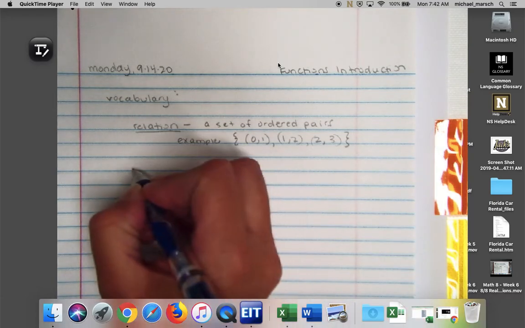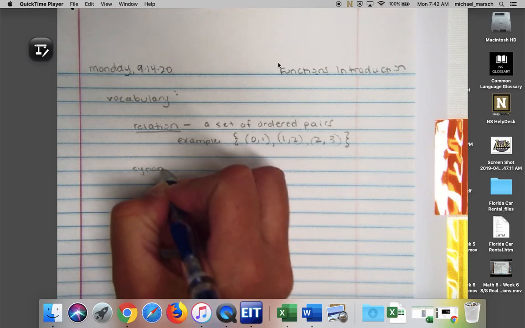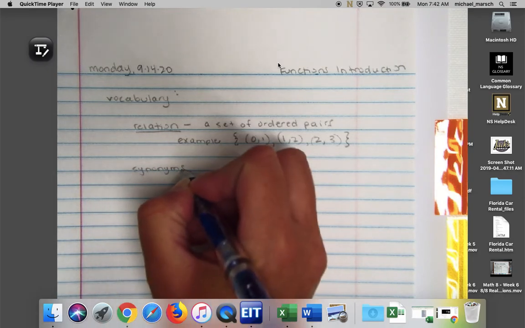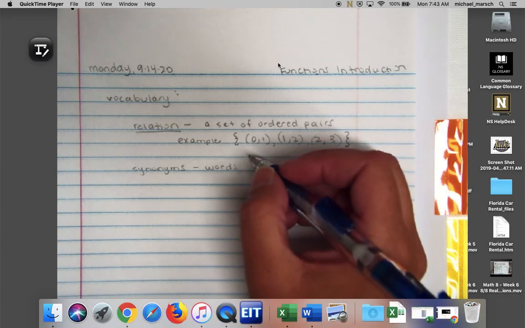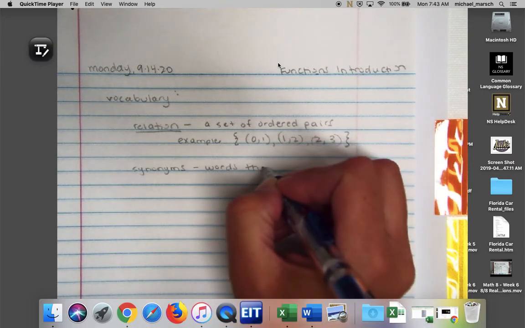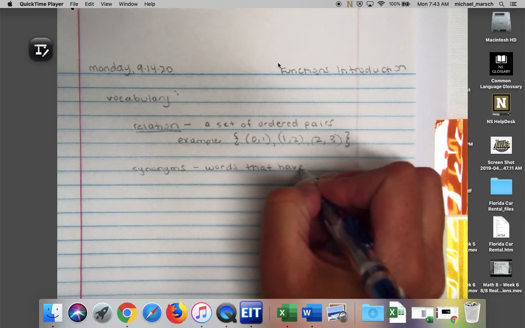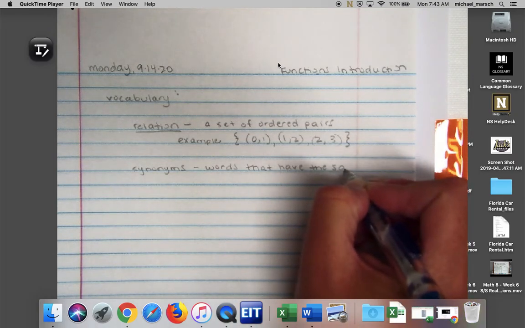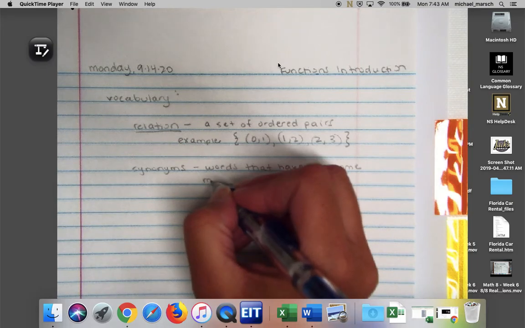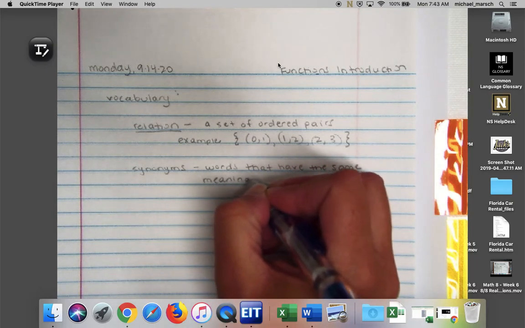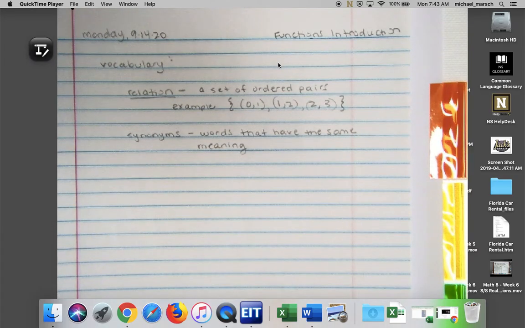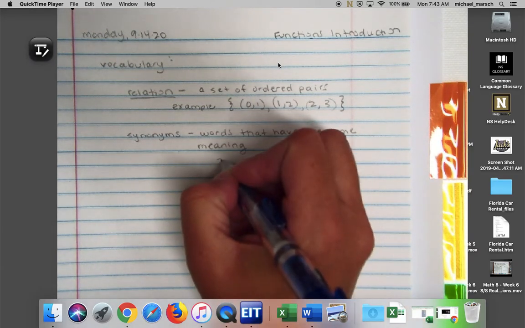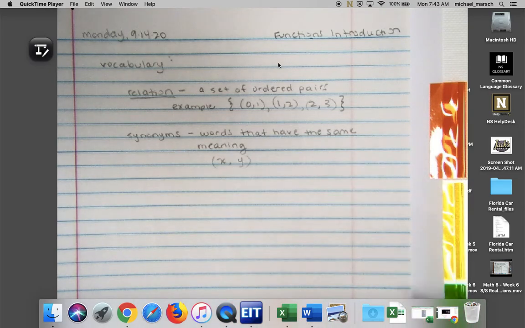Other vocabulary, you guys know what synonyms are, right? Words that have the same meaning. Sounds weird for math, but it'll make sense in a second. And when we're talking about synonyms for functions, you guys are really used to using x and y for the ordered pairs, right?